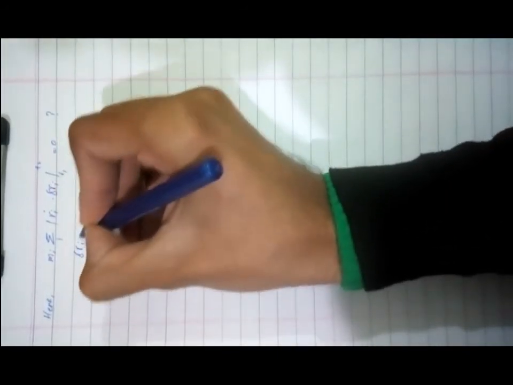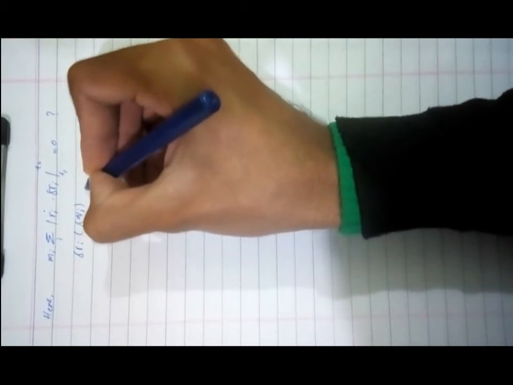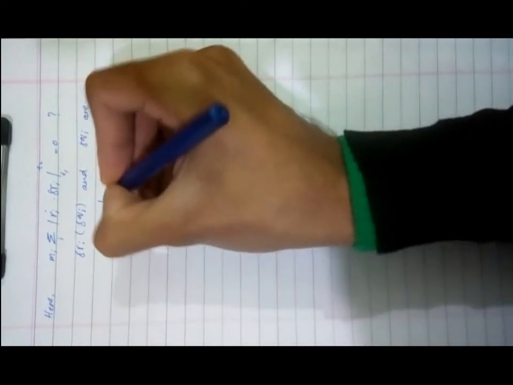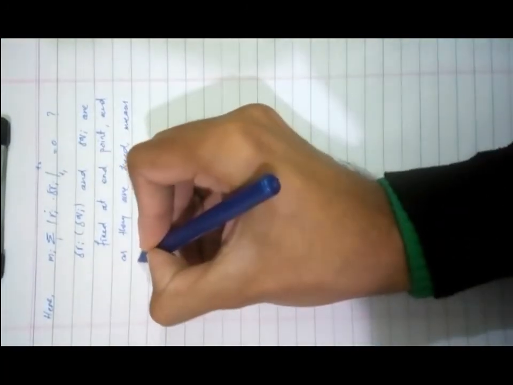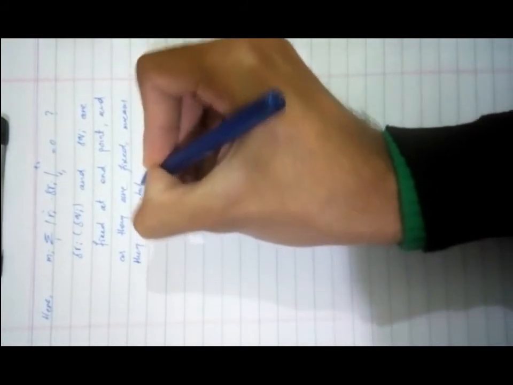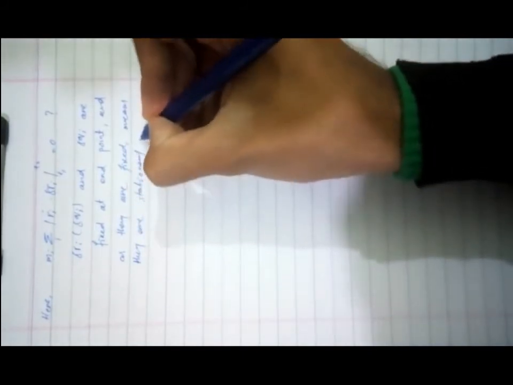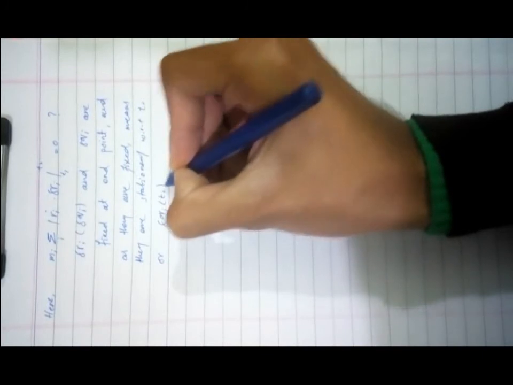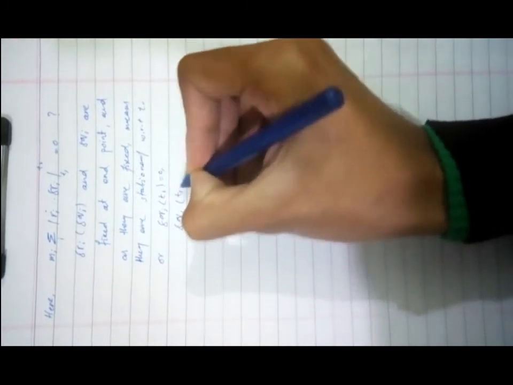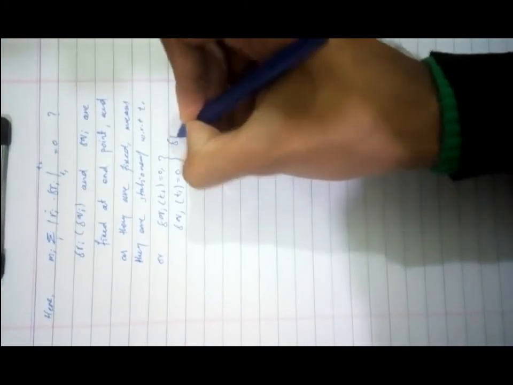As we know that del ri is a function of del qj, and del qj are fixed at the endpoints, and as they are fixed, they are stationary with respect to time, or del qj at t2 equals 0, del qj at t1 equals 0, or we can say that del ri at times t1 and t2 equals 0.